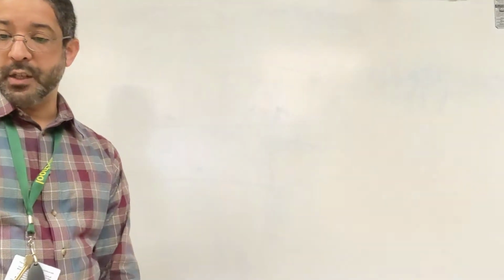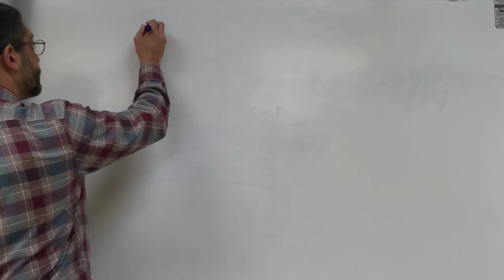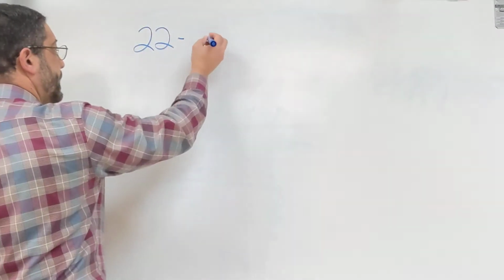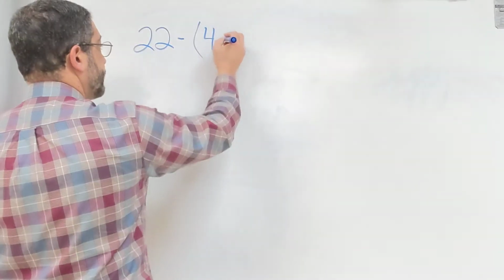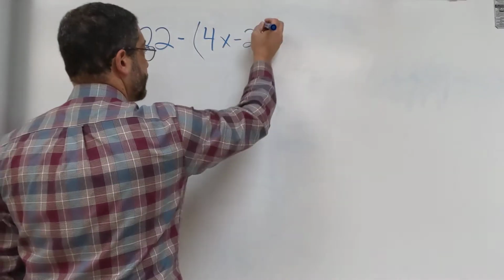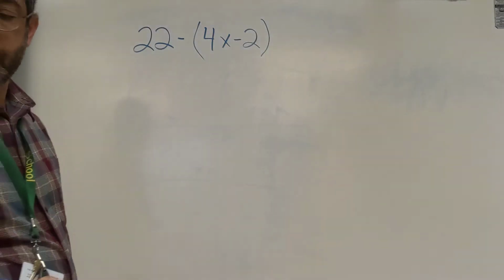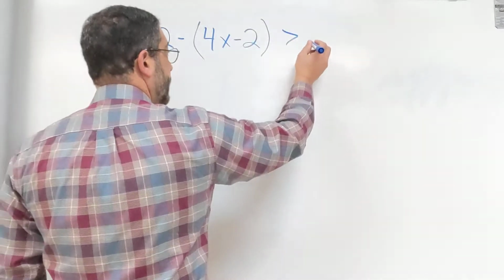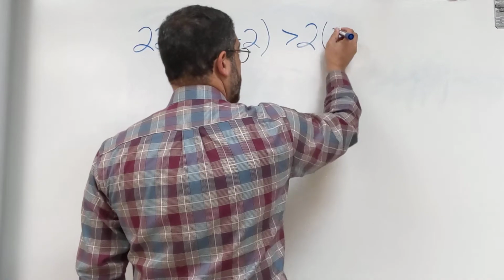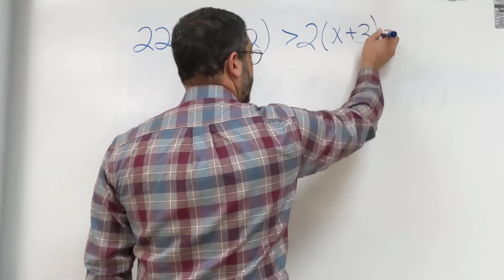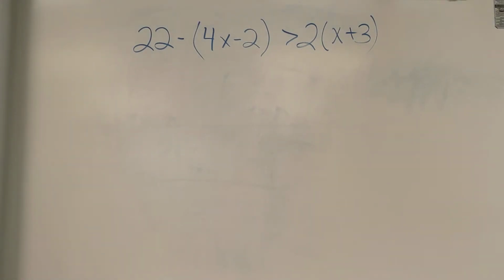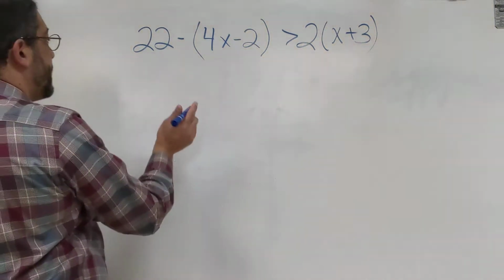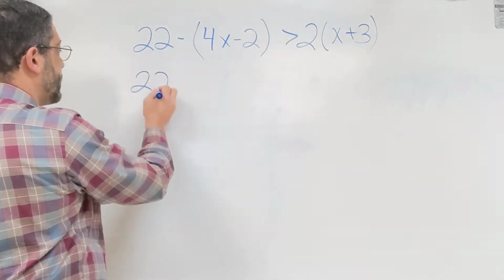All right, so let's look at our next one. 22 minus, and it's going to be 4x minus 2. And that's all going to be greater than 2 times x plus 3. Okay? So I see parentheses, so I'm going to have to do some distributing. So if I start on this side of my equation, I can bring down my 22.